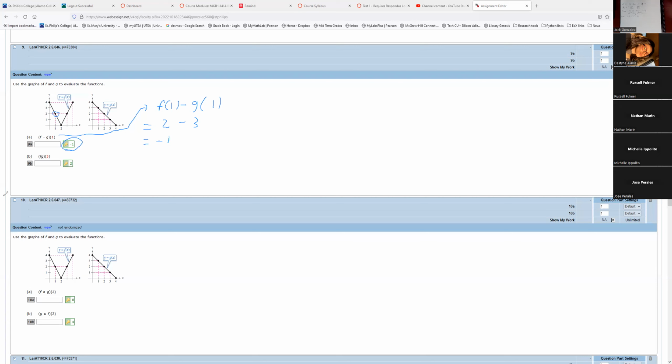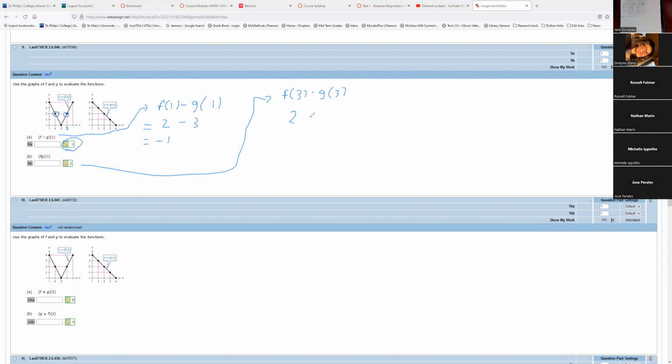Okay. Part B is just times. So you'd have f at 3 times g of 3. So go to 3. It's right here. f is 2. So that is f of 3.